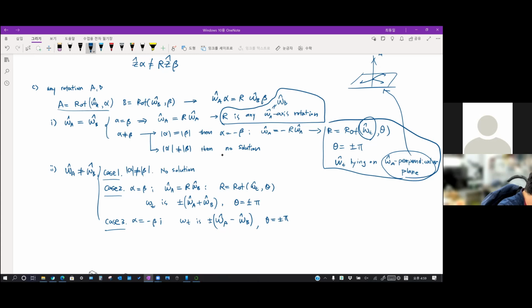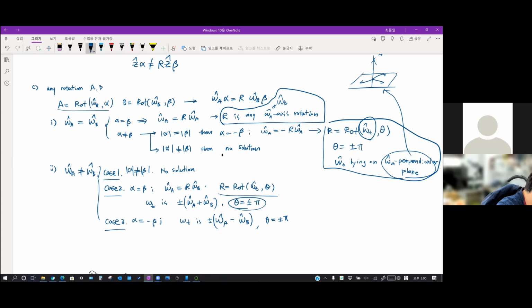So if omega A and omega B are not equal, and also alpha and beta are not equal, then there is no solution. And if alpha and beta are equal, then the solution is like this. In the case, the general solution is R is omega t and theta.